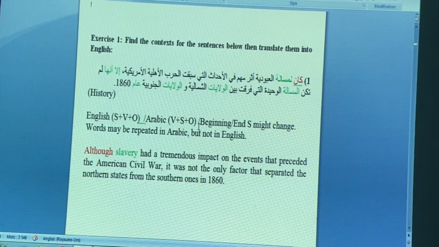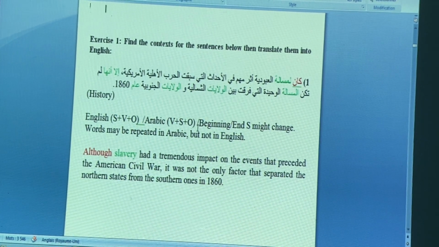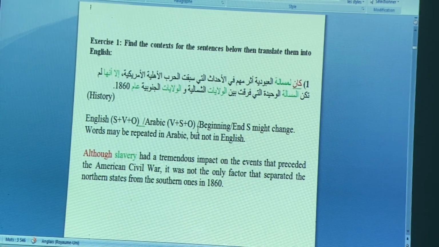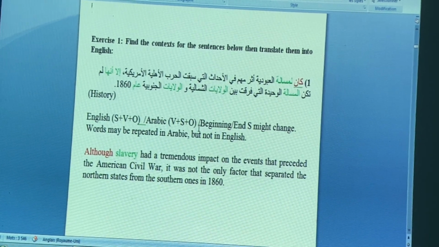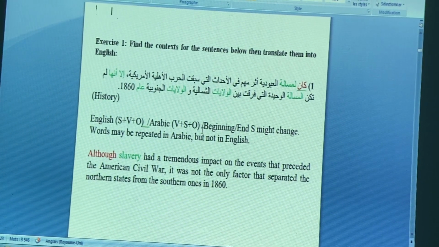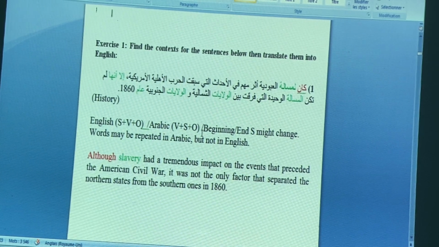is a language which starts with the subject. So this is why grammarians say that in English we have the SVO. It means subject plus verb plus object. However, in Arabic we have the VSO. Sentences start with the verb. So you have the verb first and then the subject.